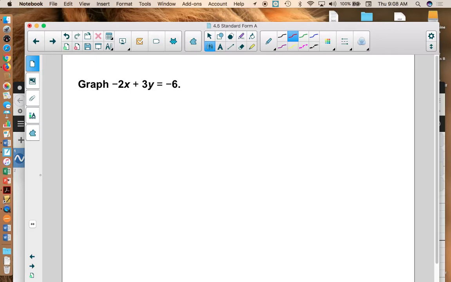Let it graph it. Here it is. See if you can graph that. Okay, now put this one, see where you can have another one, put a plus there and get yourself another line.